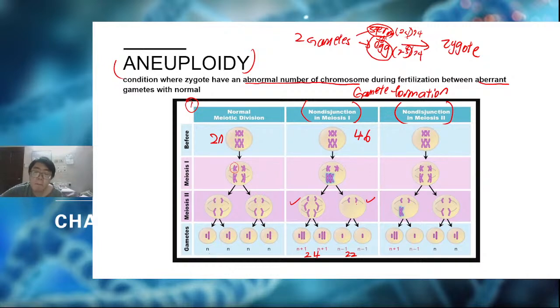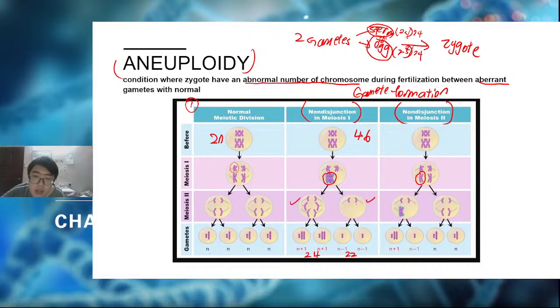And if non-disjunction occurs at meiosis 2, after meiosis 1 is normal, meiosis 2 has a problem. So if there is a problem here, and the other has a problem here.